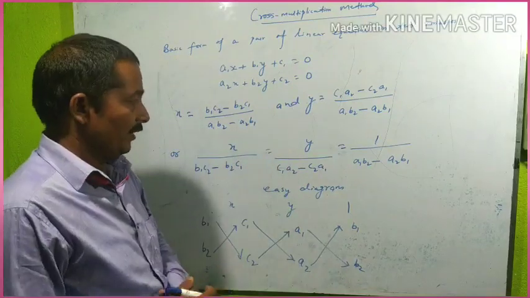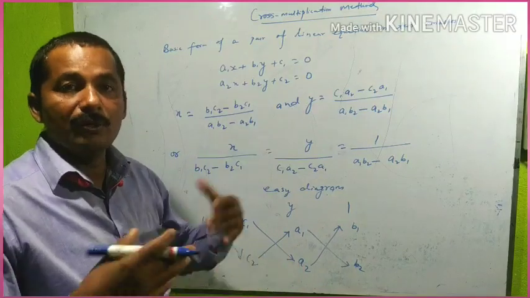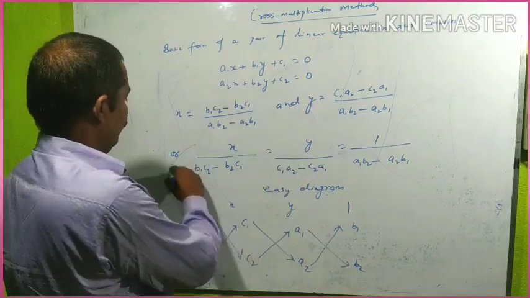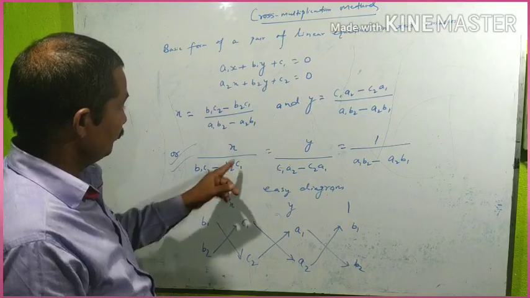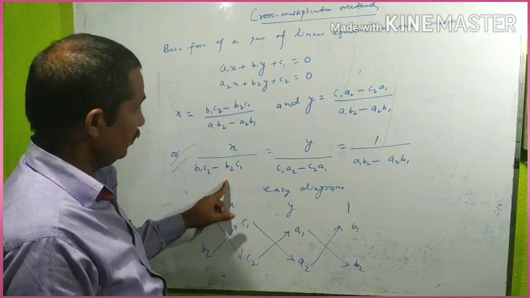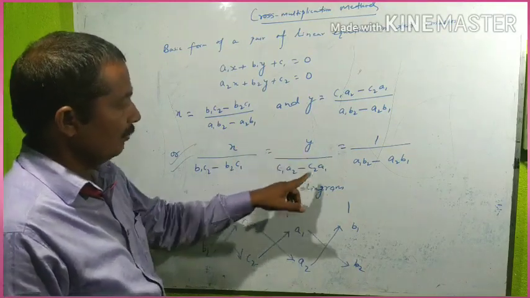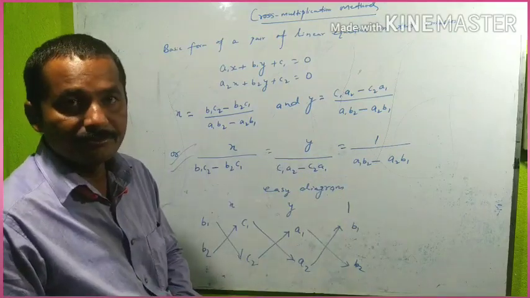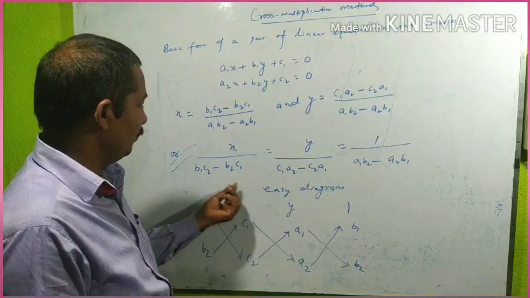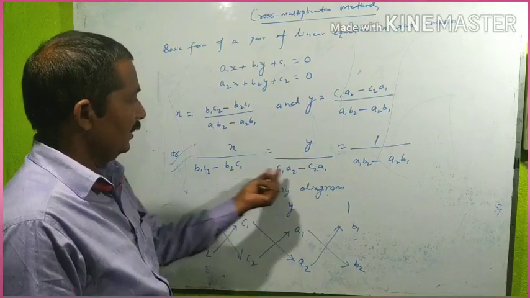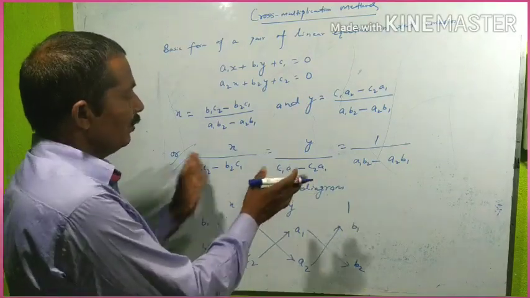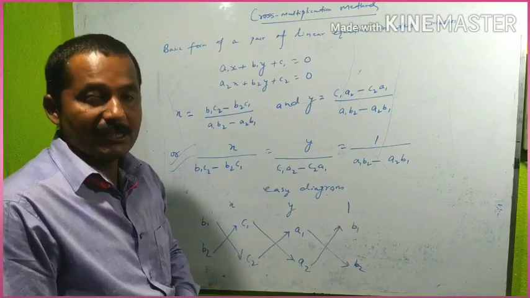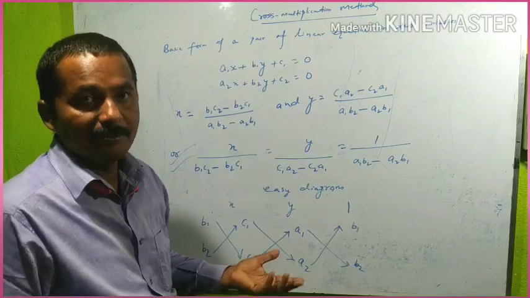And the second way to write or to understand: x by this one is equal to y by this one is equal to 1 by this one. You will put the values here and here, and then you will equalize any two of these three at a time.